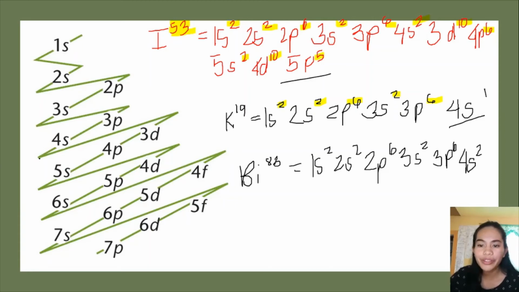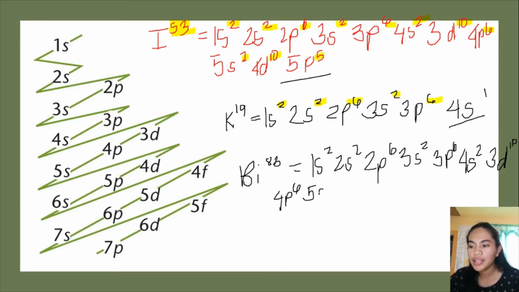And then after 4s2, we have 3d10. Okay. After 3d10, we have the so-called 4p6. Am I right? After 4p6, we have 5s2. And then after 5s2, we have 4d10. And then after 4d10, we have 5p.